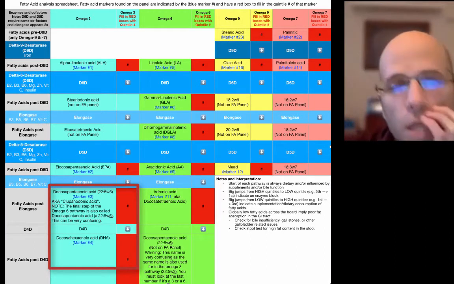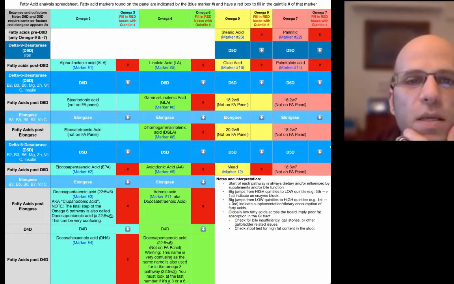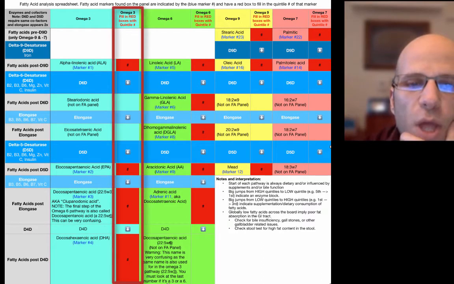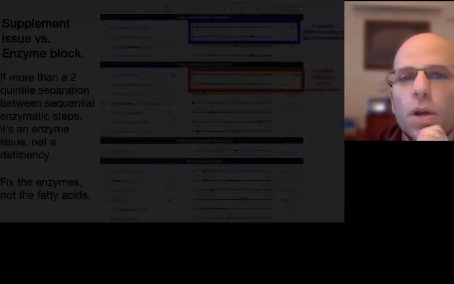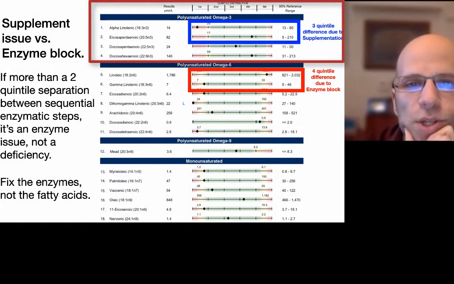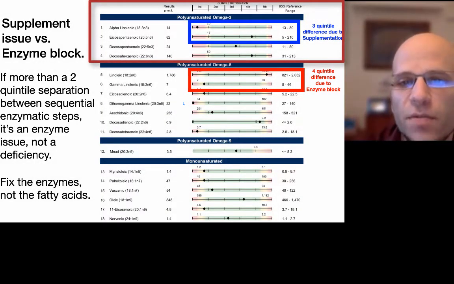So what I've done is these red blocks here are what quintile number you put. For example, here we have ALA start. This is actually my fatty acid profile, the one I did a while ago.